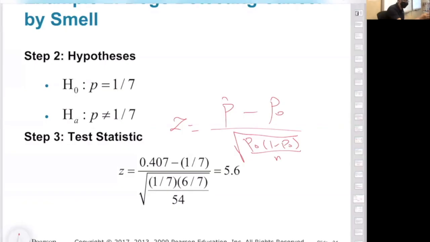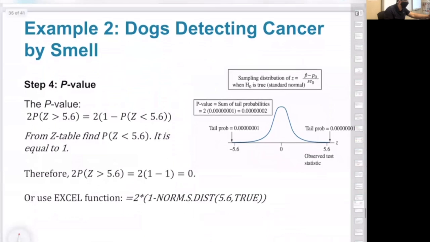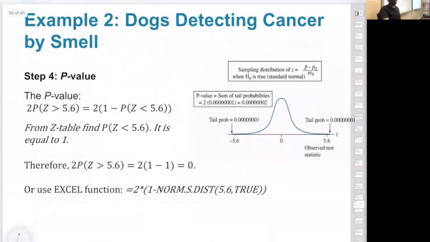So we have z equal to 5.6. We need to find the p-value for this value. Here we have a two-tailed test, and the value is positive, so we can use 2 times the probability that z is greater than 5.6.